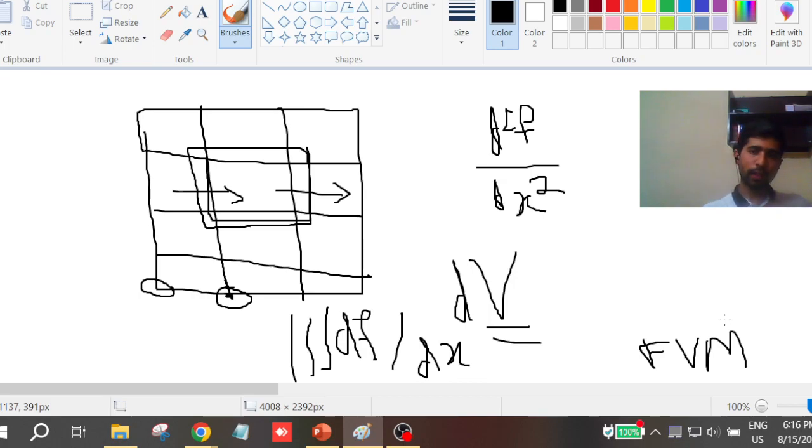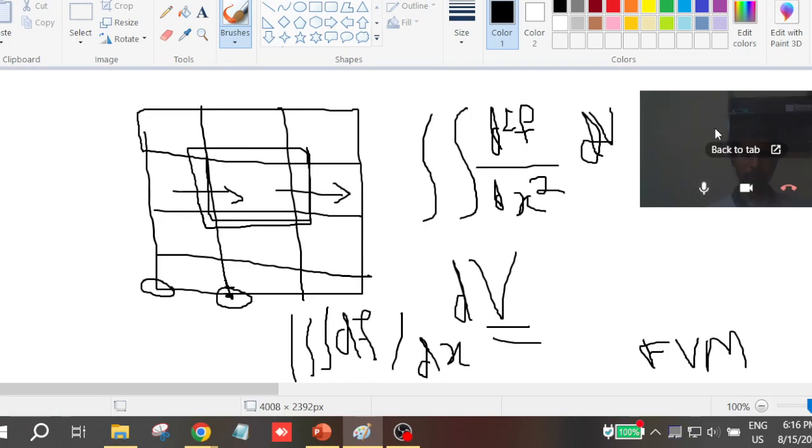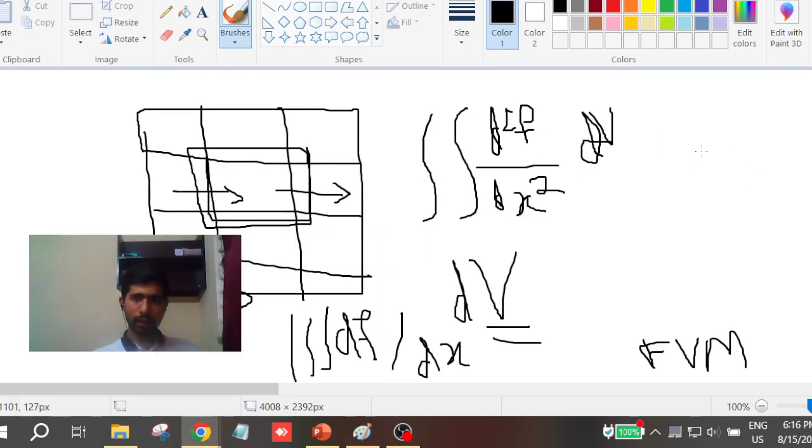When we do this discretization of ∂²f/∂x² over a control volume, ultimately, as I said last week, we end up with ∂f/∂x at the east face minus the west face, when we do this control volume integration.